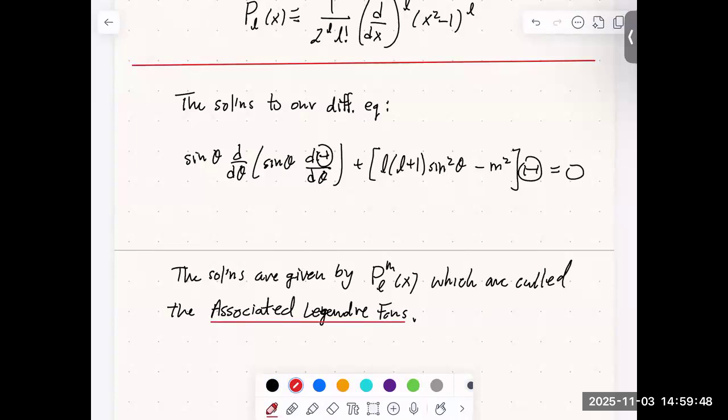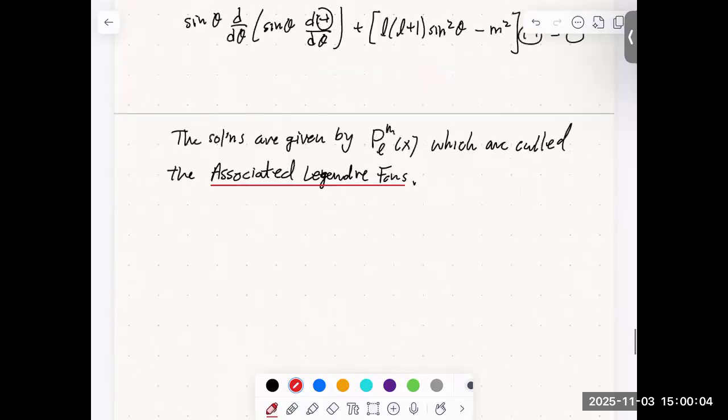That's going to lead to a recursion relation, and we're going to have to truncate the recursion relation by picking some value that kills the recursion beyond some maximum value of m. Okay, the solutions, what they actually look like, are as follows.